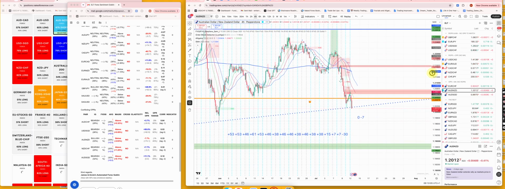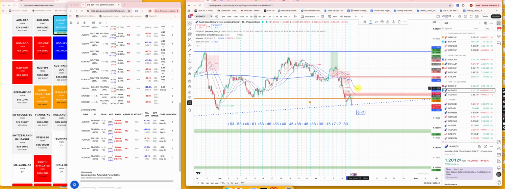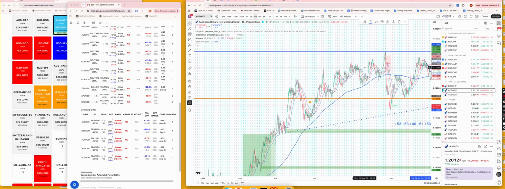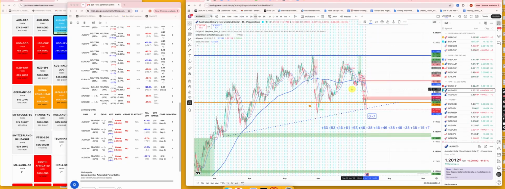Where's that marker? Here, 49 minutes. If you ask me, that's going to print a long wick and potentially do what we still want it to do, which is go to the top of this, move up there.